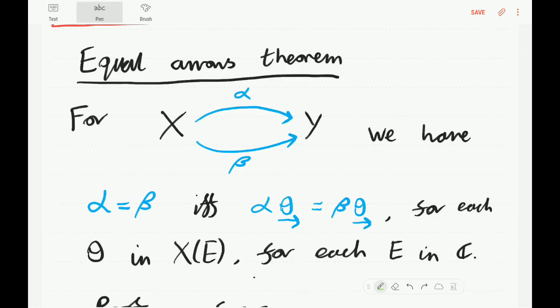Okay? But basically, with all this talk of the Yoneda lemma, we've been arguing that we can think about these E-type elements of an object x in set to the power of C, like theta in x of E, in terms of arrows.